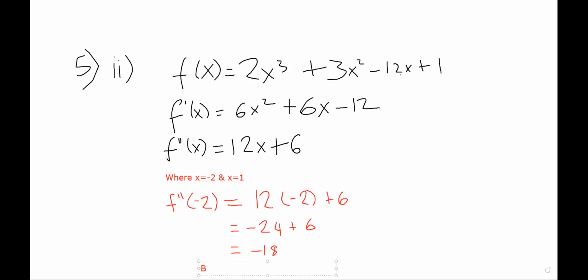So we say because f double prime -2, which is -18, is less than 0, it is a local maximum.